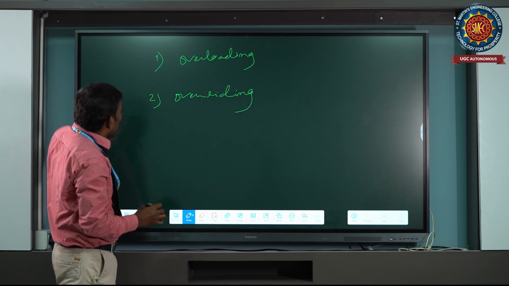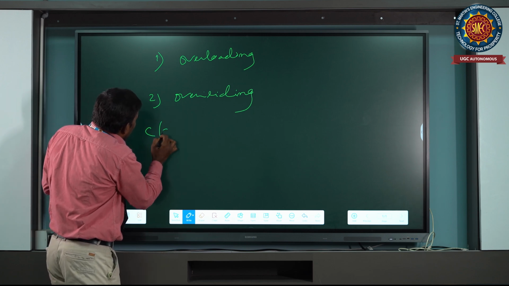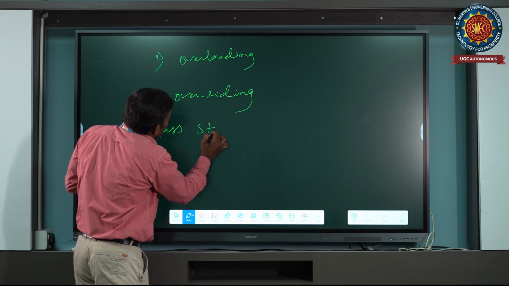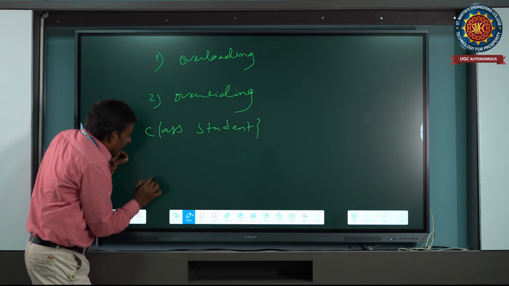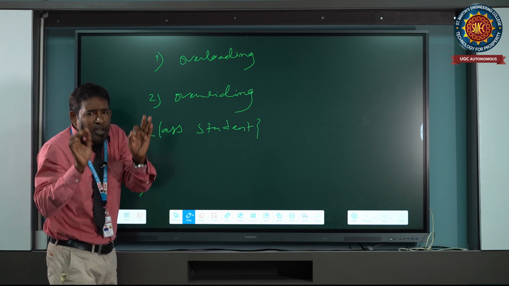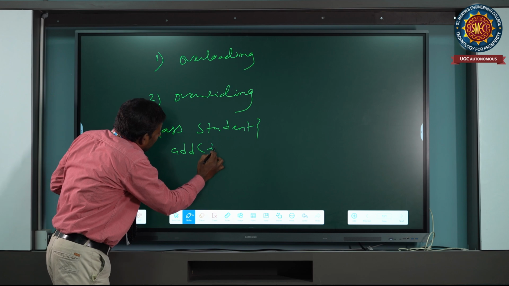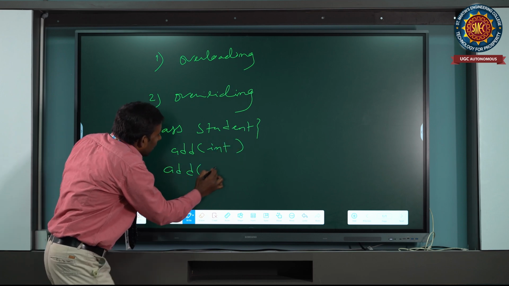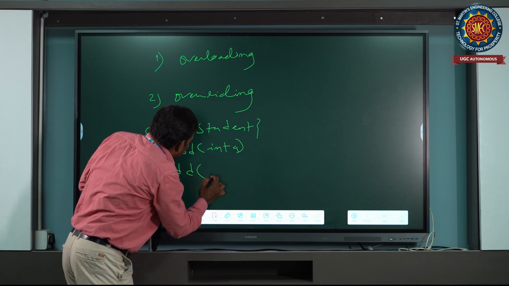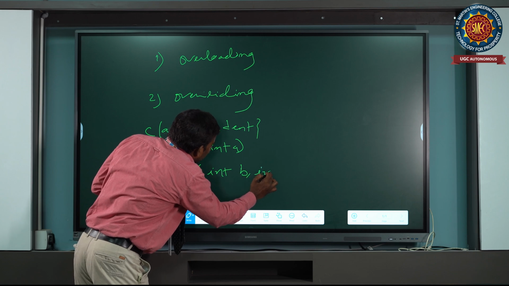What is meant by overloading? Suppose I take the class student. In this, I want to add two numbers: add of int a, and add of int b comma int c.